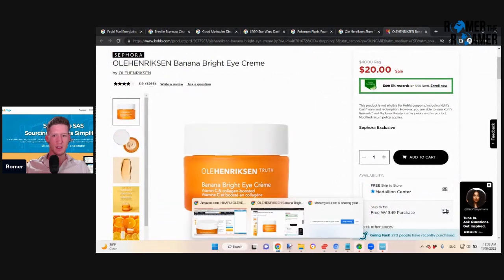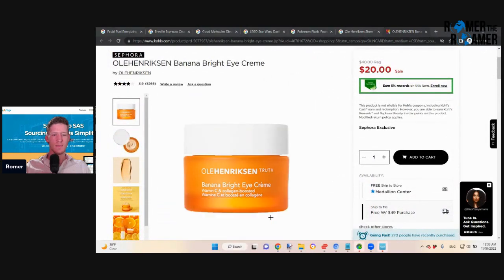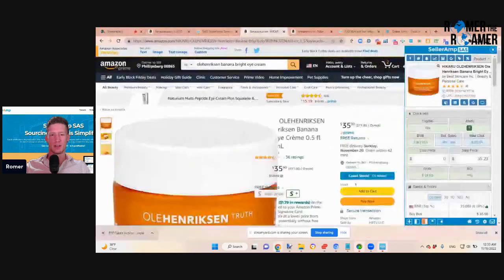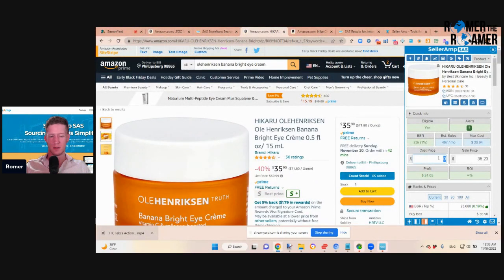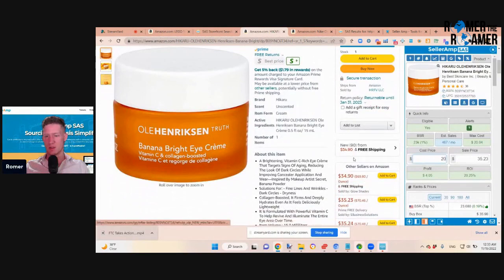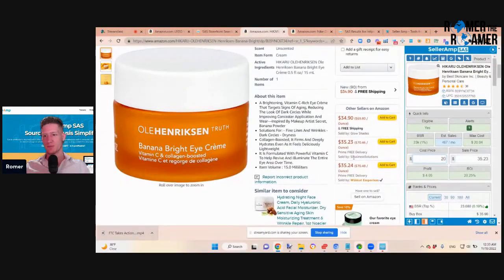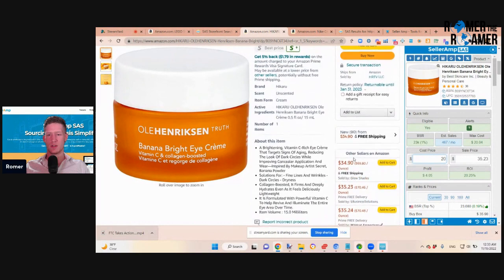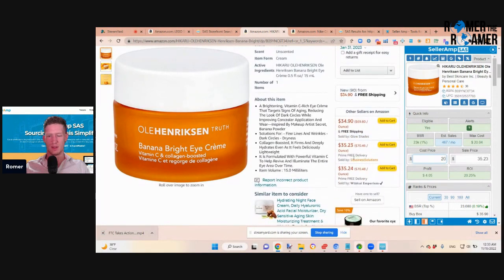Okay, so it's the same size. So yeah, 20 bucks isn't going to be profitable anyway. Actually, $4 profit, 20% ROI. Beauty generally has low returns. I think my beauty is like 5% ish returns, maybe 10 on some items.